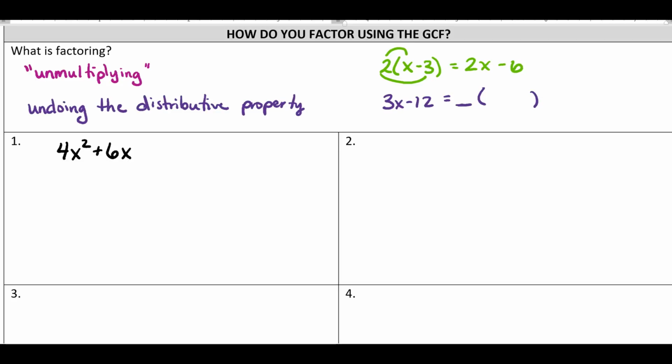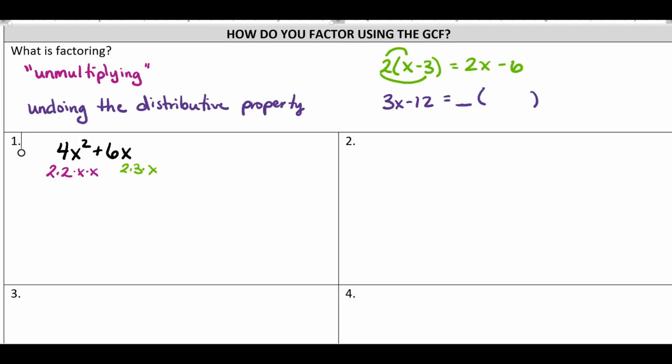So 4, the prime factors of 4 would be 2 times 2. The prime factors of x squared are x times x. So 2 times 2 times x would make up 4x squared. Now 6x, the prime factors of 6x would be 2 times 3 times x.